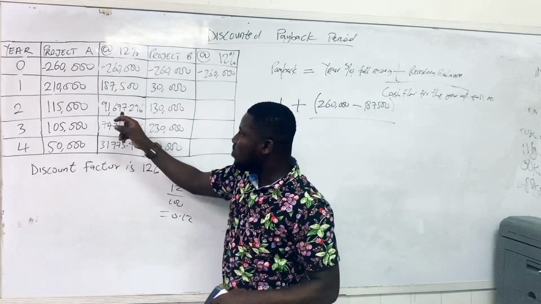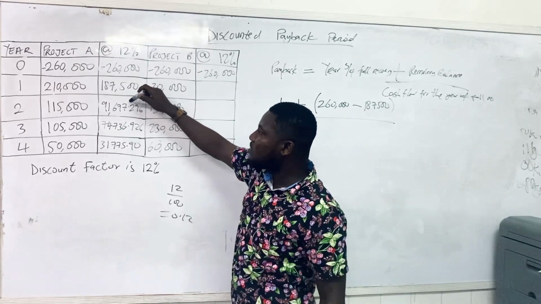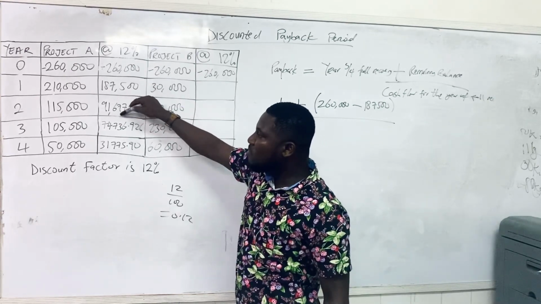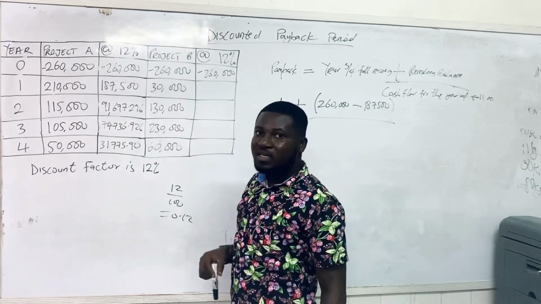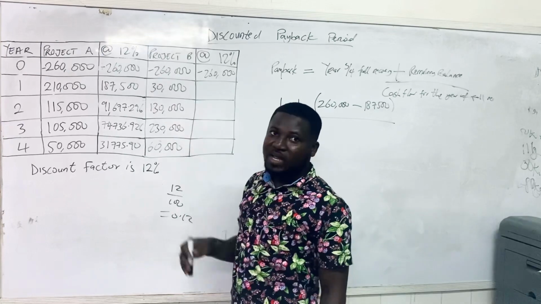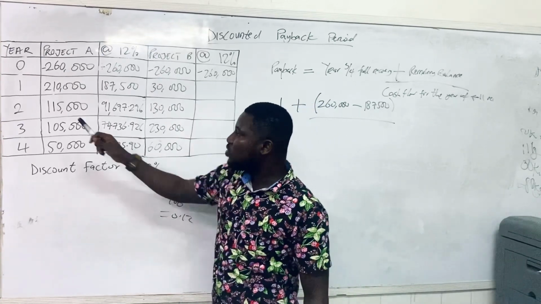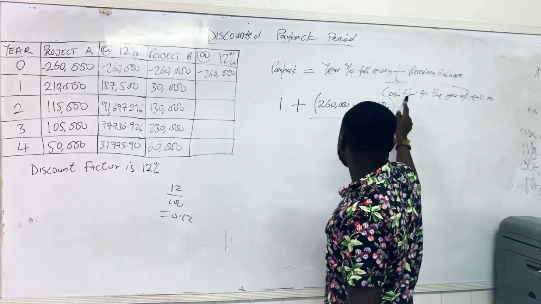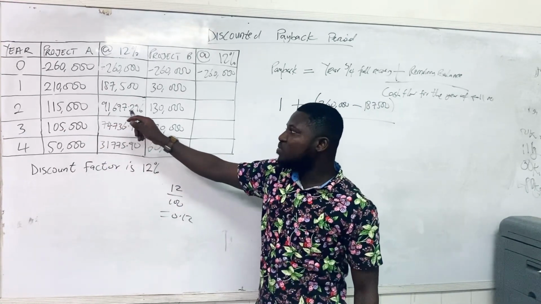Now, we are going to need only 72,500 from the second year's value, added to the first year's discounted value, and then we can recover our initial investment of 260,000. And so the cash flow for the year of full recovery, it is in the second year that we are going to make our full recovery.